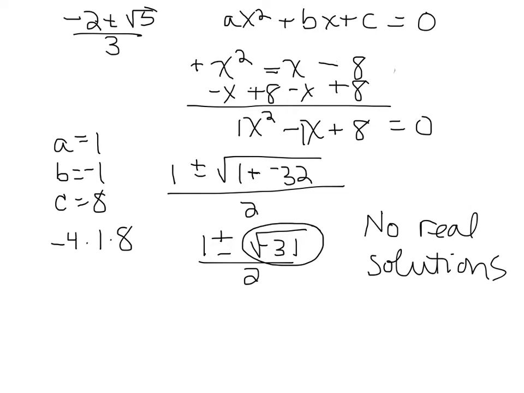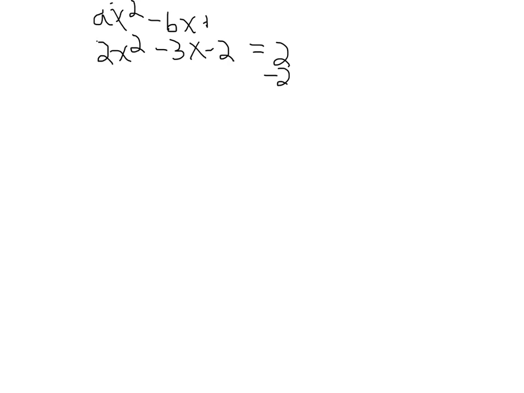We're just going to do one more. This time I'll jot that down. So 2x squared, remember we want 2x squared minus 3x equals 2. So this is ax squared we want, minus bx, and we want this to equal 0, so we're going to subtract 2.